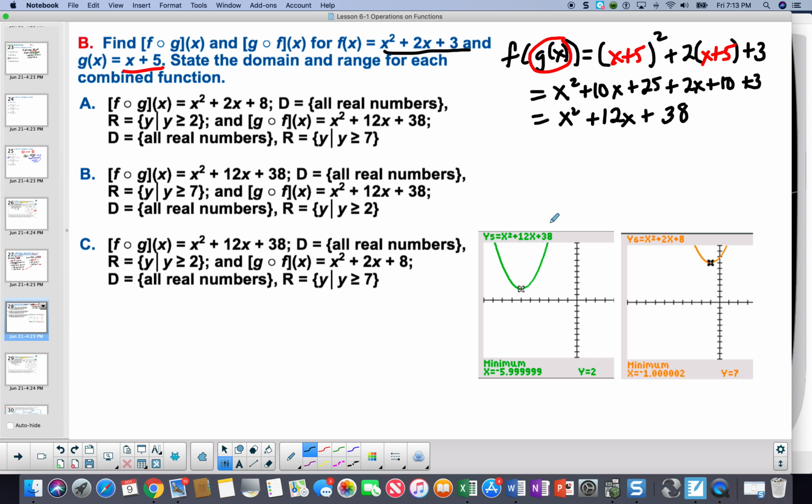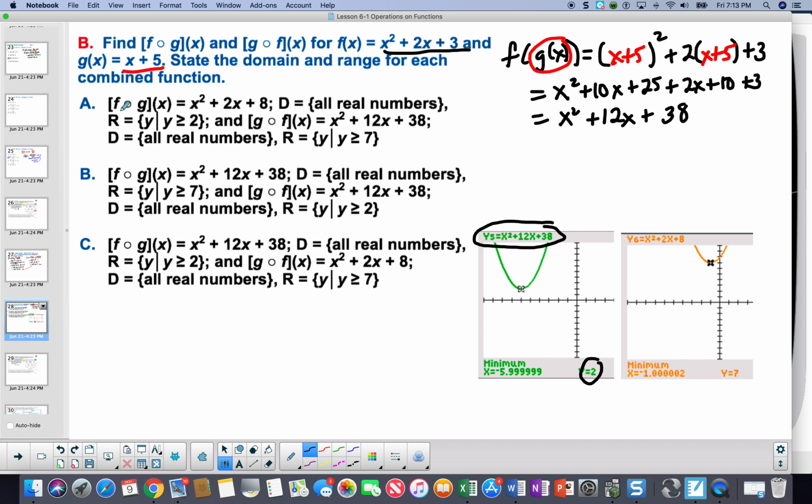Now, when I already graphed it right here, this is what I have here, and the question says, what is the domain? Well, we know that the domain is all real numbers, and the range for this is going to be, it looks like right here, greater than 2.